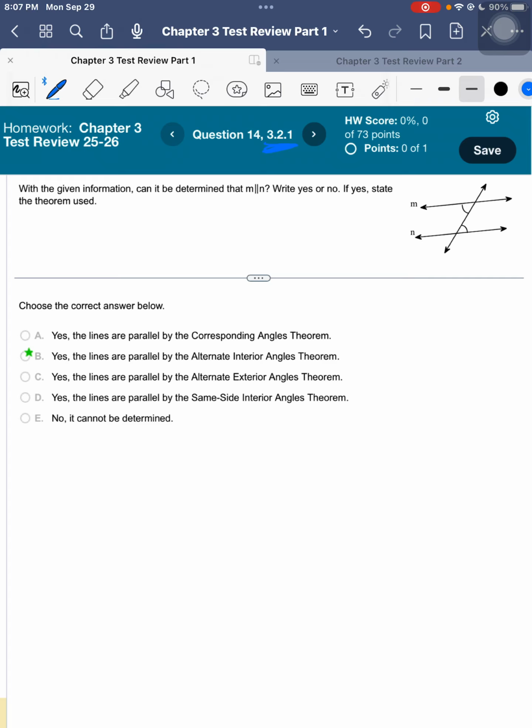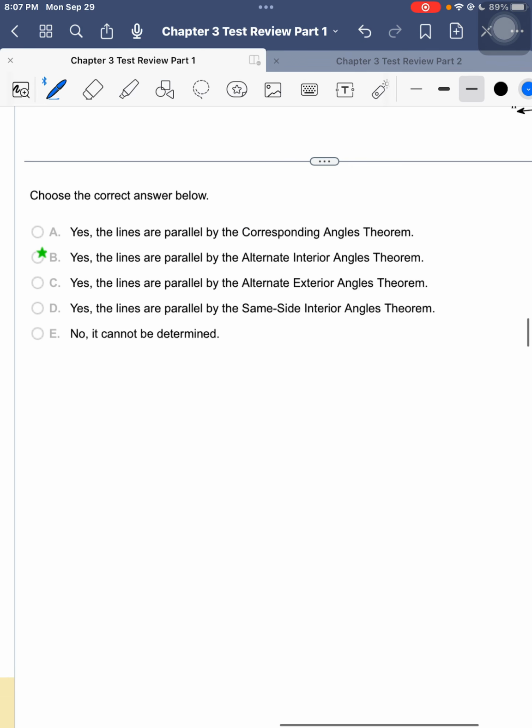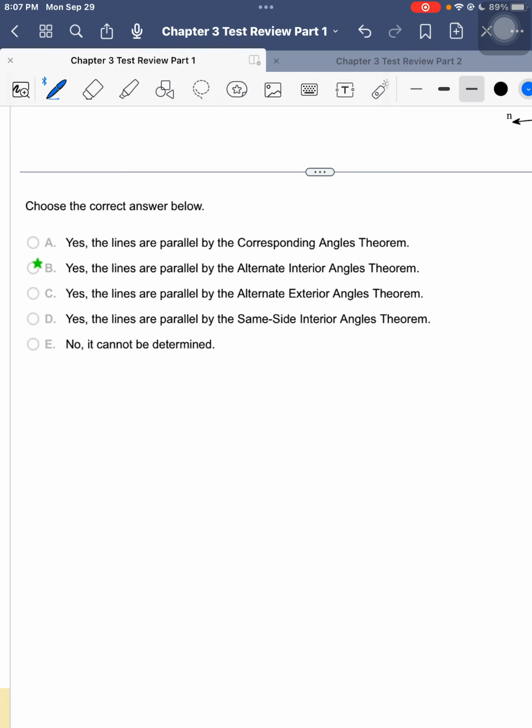Okay, now we're getting into 3.2. Remember that 3.2 is all about using our theorems. We have the alternate interior angles theorem, alternate exterior angles theorem, corresponding angles theorem, and the same side interior angles theorem.